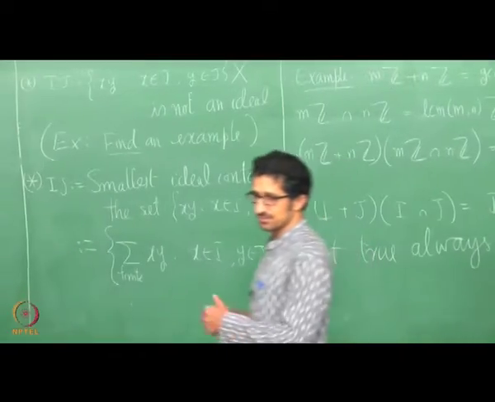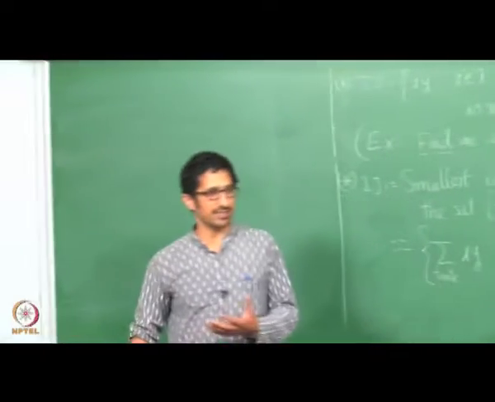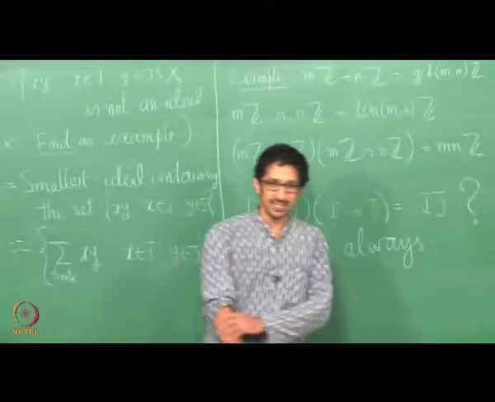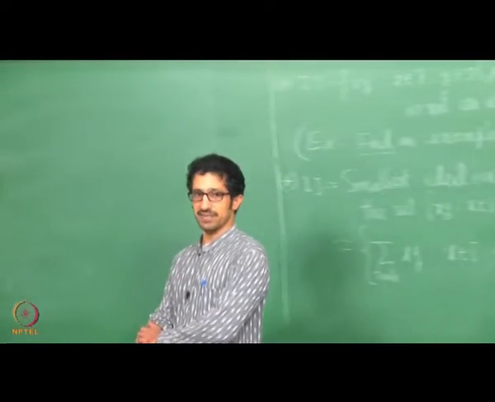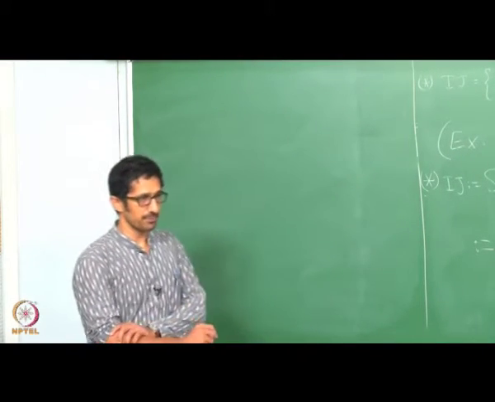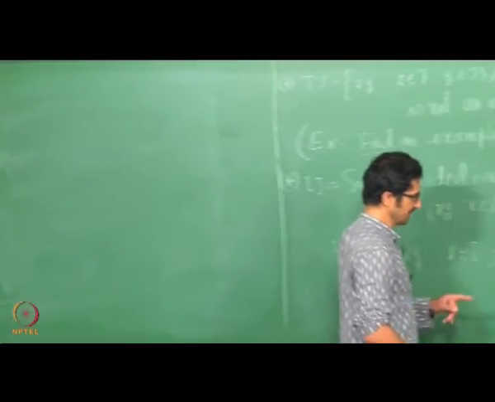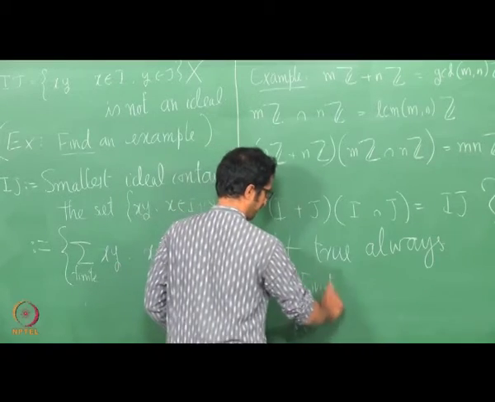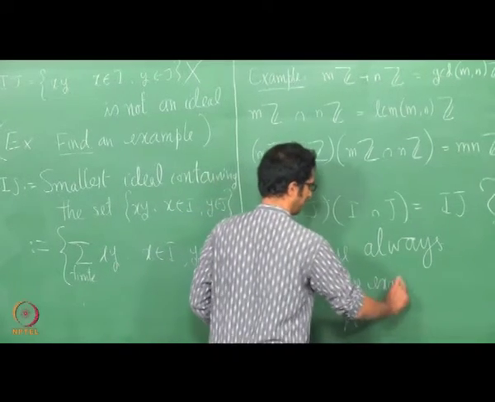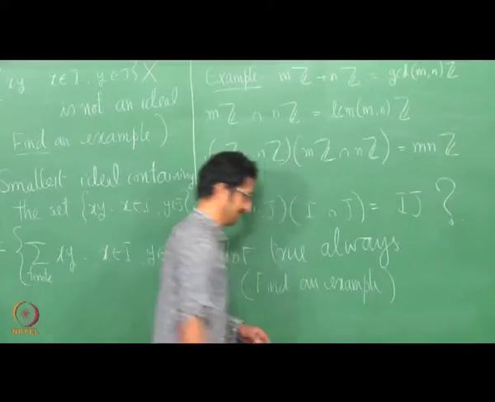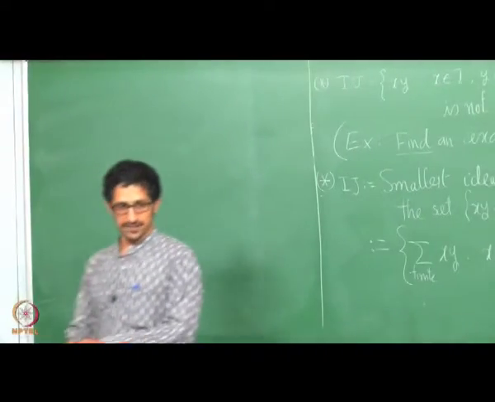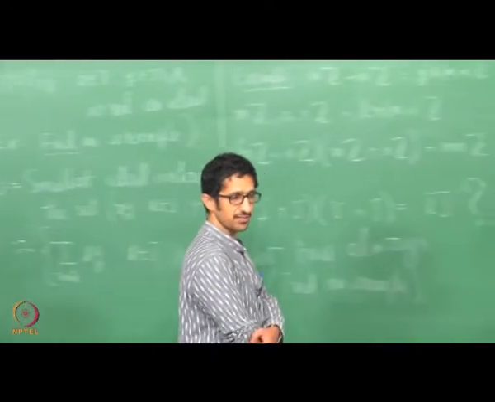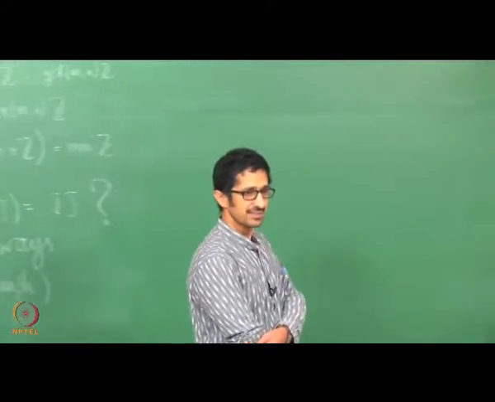So if you look for examples in a polynomial ring in one variable, again you will not be able to find it. So, try to think of an example. When you are trying for an example, it should not be in Z, it should not be in K[x].